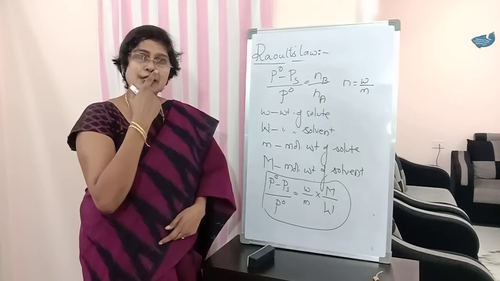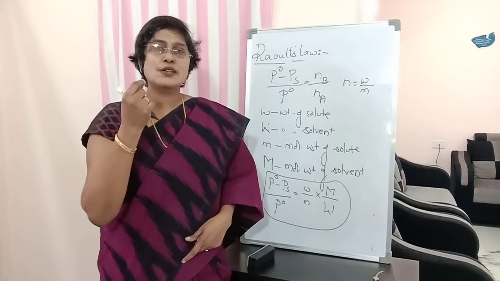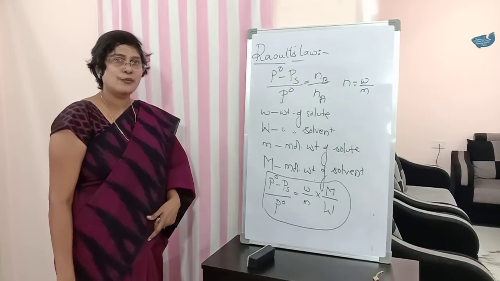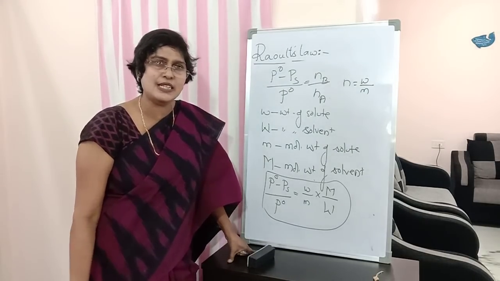So the first colligative property that we have learned is lowering of vapor pressure. From lowering of vapor pressure, how to calculate molecular weight? Write down the last statement, which is very, very important, students. Ready with a pen?